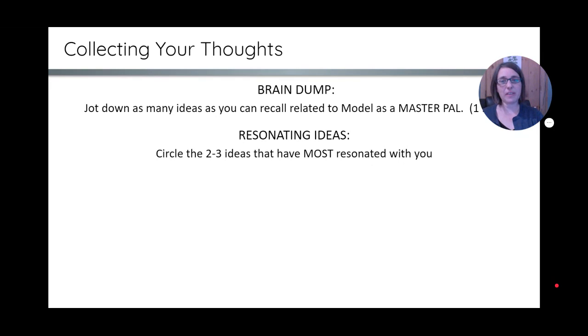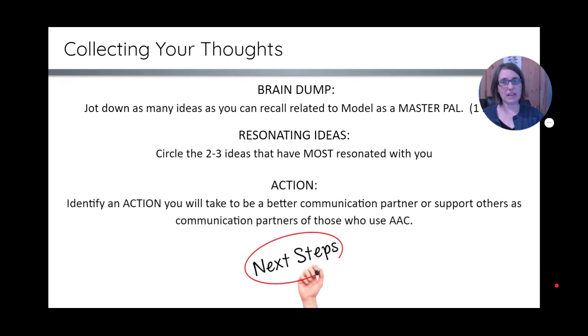All right, after you've done that, I want you to circle 2 or 3 ideas that have most resonated with you. What 2 or 3 things are you going to be thinking about tomorrow or next week? And then think about what action you are going to take to be a better communication partner.